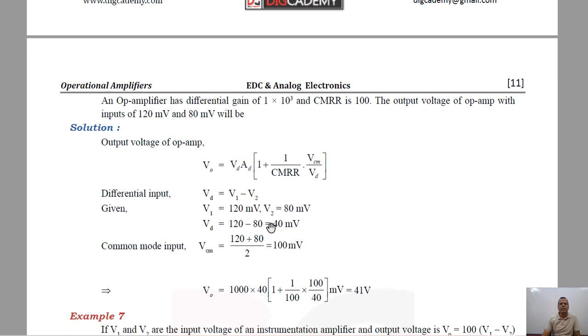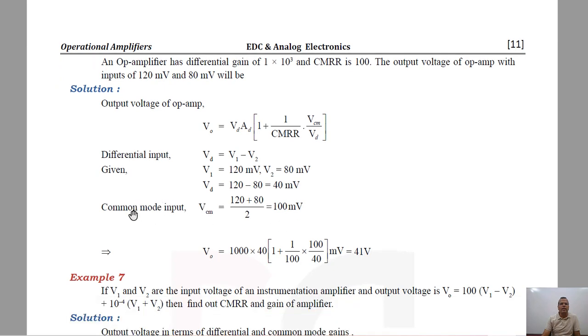The differential input voltage will be 40 millivolt, and the common mode input will be the average of the two input voltages. So by simply putting in the differential gain given to you, the CMRR given to you, and VCM and VD which we have obtained, we get the output voltage of the op-amp.